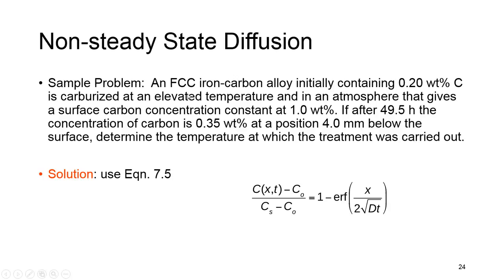Here, FCC iron, initially containing 0.2 weight percent carbon, is carburized at an elevated temperature. So 0.2 weight percent is the initial value, or the value that we know as C0, the pre-existing concentration.